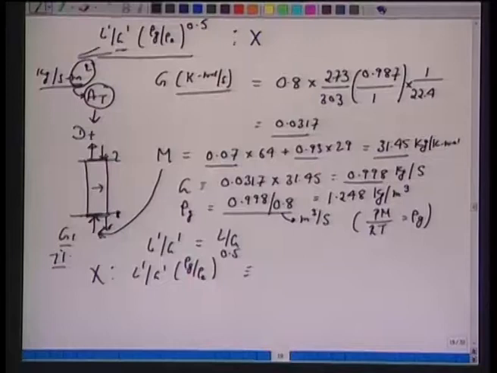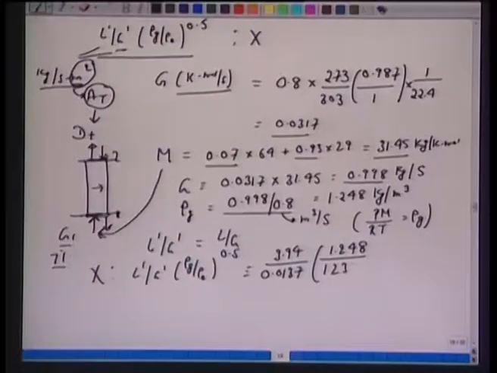This is equal to 3.94 over 0.0137, times 1.248 over 1235 to the power 0.5. So, the liquid flow rate is given as 3.94, 3.8 kg per second. Okay, so we'll correct this to 3.8 kg per second.